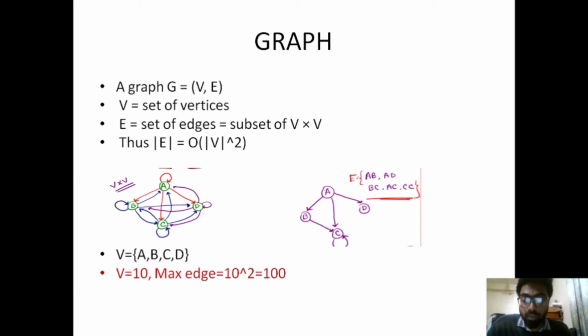That graph's number of edges is close to the number of vertices, which is 4, and the number of edges of that graph is 5. So 5 is close to 4, so we can call that a sparse graph.